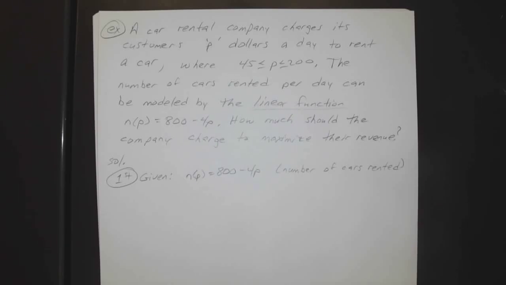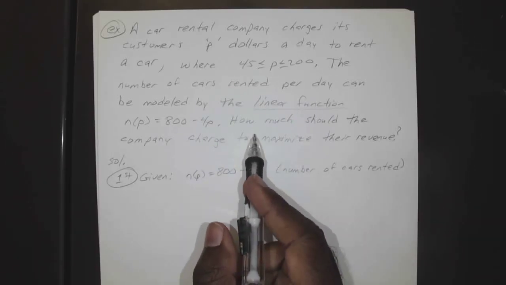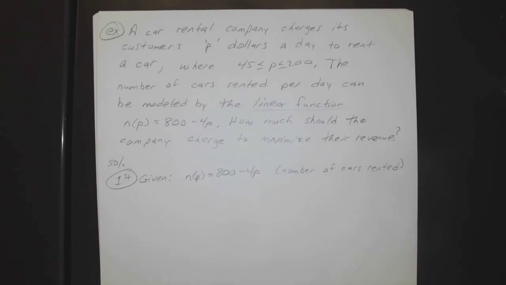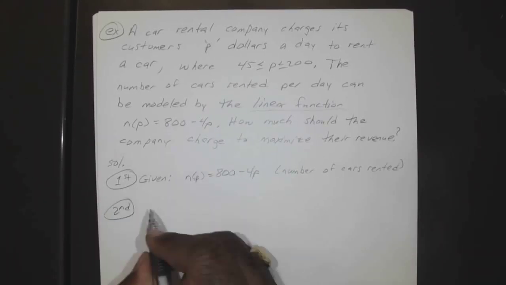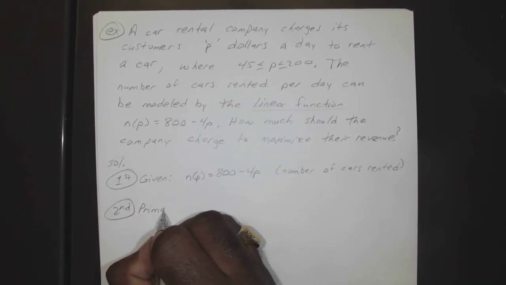But that's not our primary equation. We're looking at how much we should charge to maximize our revenue. Now, revenue is how much you charge times how many cars you rented. So how much money you're bringing in.